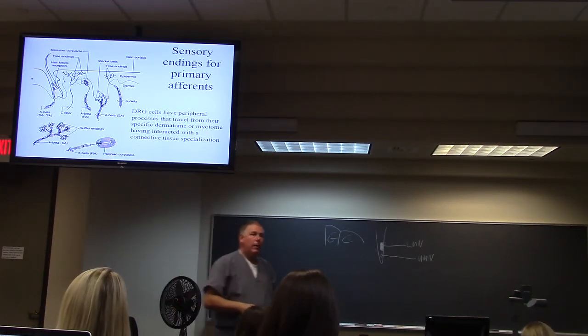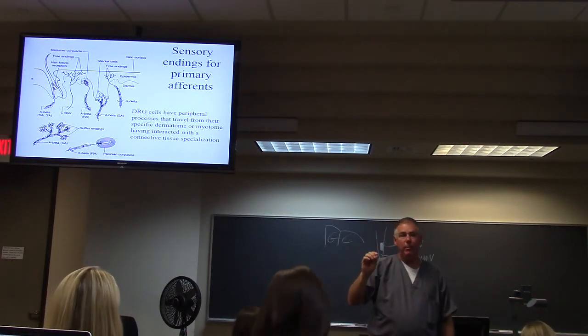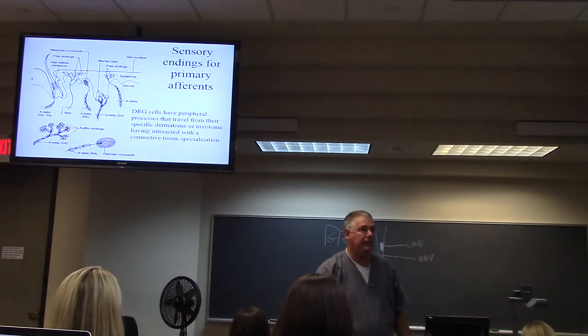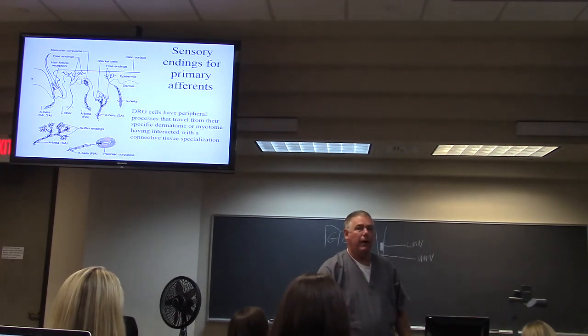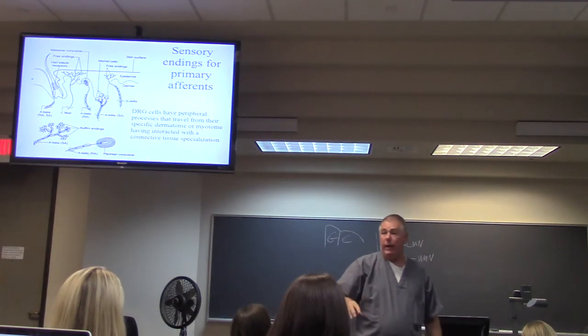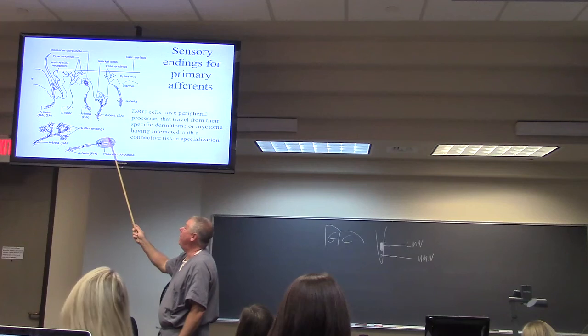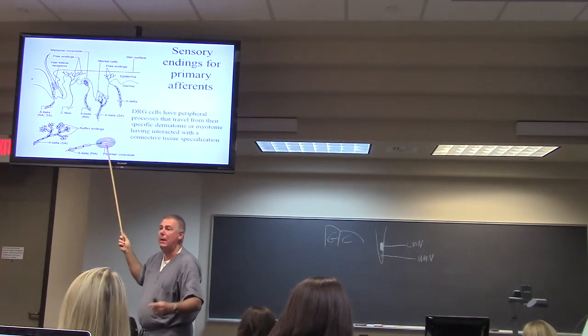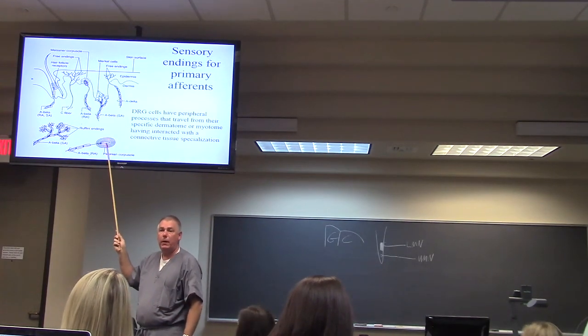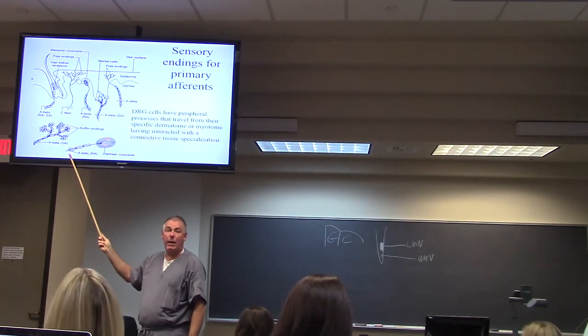So let's just talk about vibration. If something is vibrating a little bit, and I touch Meredith here, and I say, is that vibrating or not? And it is vibrating, but it's vibrating at such a low level, it's not enough. These guys may pick it up as vibration, but not enough for her cortex to determine that it's vibrating.